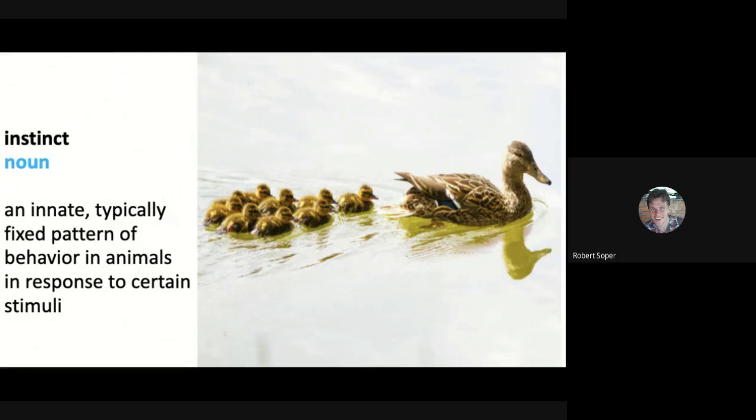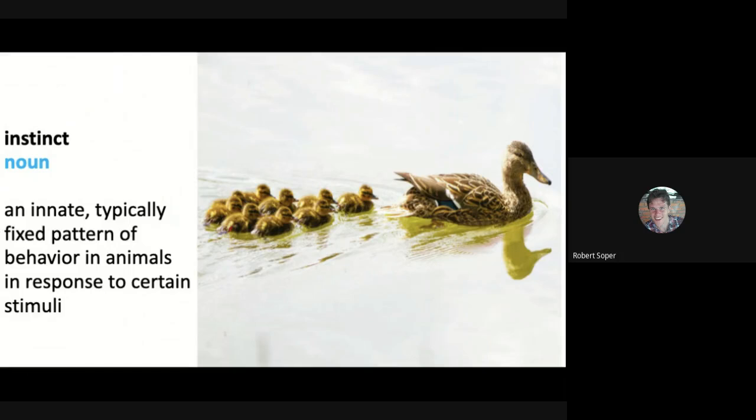Using another animal, we could say a spider's instinct is to spin a web. So if you have a web spinning spider, it can't avoid spinning the web. It can't decide, well, this web spinning isn't working for me, I'm going to use a fishing rod instead. It doesn't have that capacity. Its instinct is to spin a web.